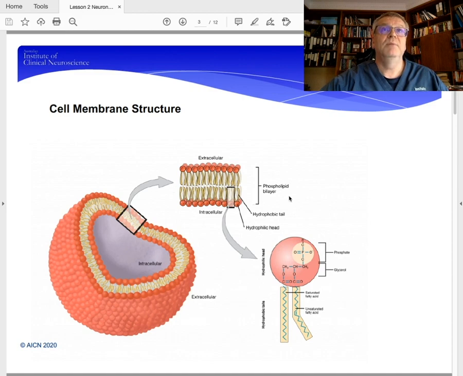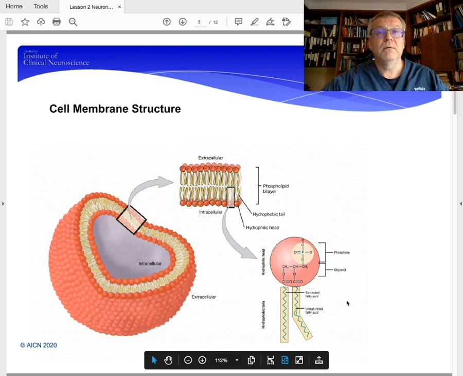And the phospholipid layers are composed of an area that is hydrophilic, or water-liking, and an area which is hydrophobic, which means that it is not water-liking, or water-hating, or it's more fat, areas of fat, non-soluble with water.